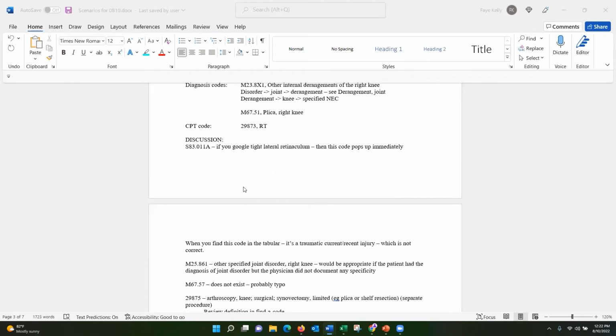So you want to be real careful that when you find a code, and a lot of us Google, I've Googled to get some help and direction before, you still have to go back to the tabular and read it and see if it is the definition that you need.